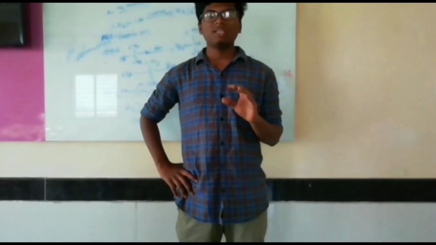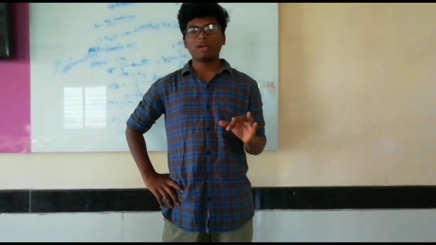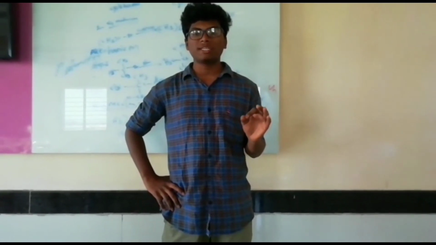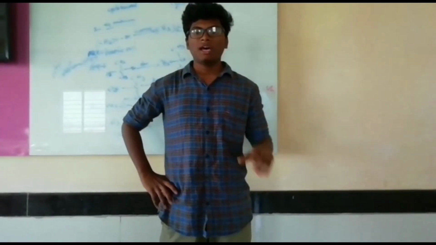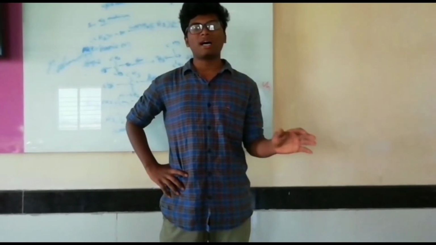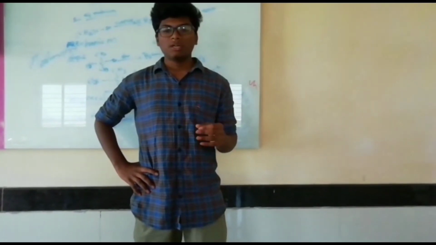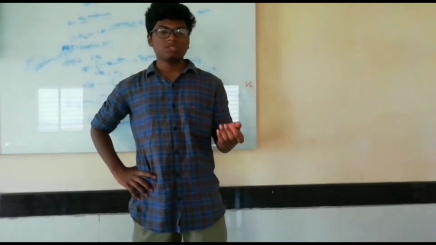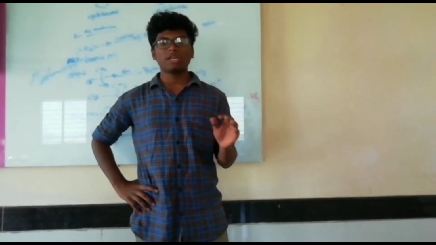And to know the relation between absolute permittivity and relative permittivity of the medium: absolute permittivity is normally symbolized by E naught, whereas the permittivity of free space, or the vacuum, is approximately 8.85 into 10 to the power minus 12 farads per meter.